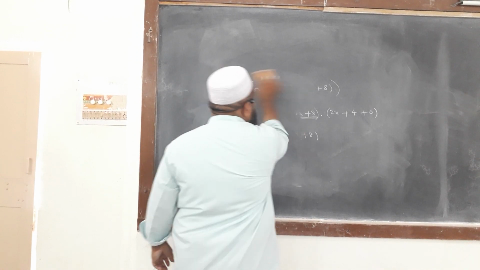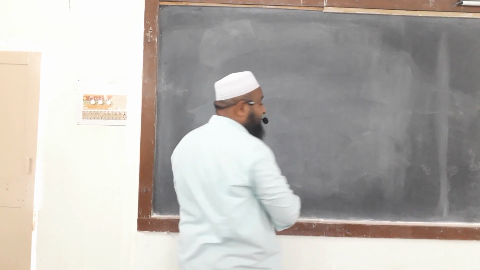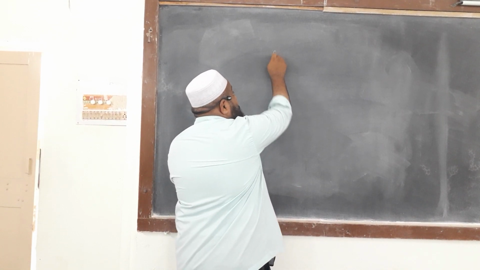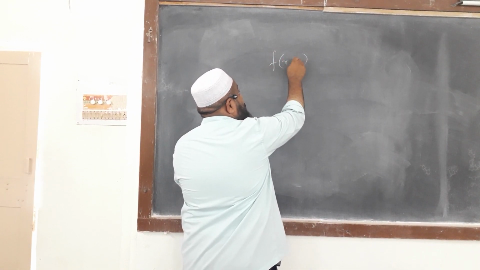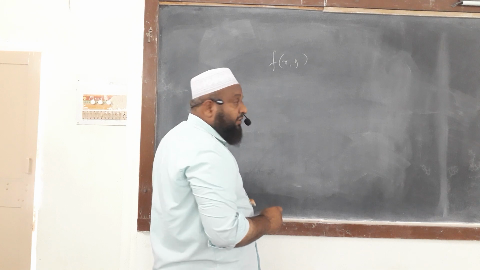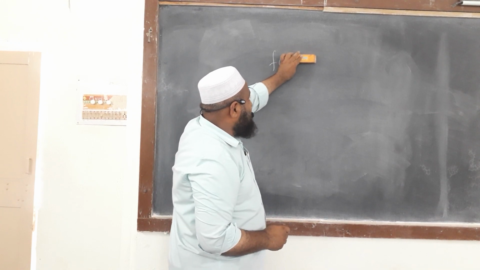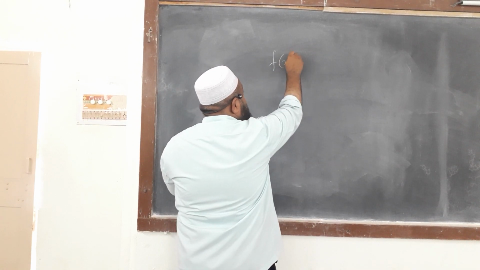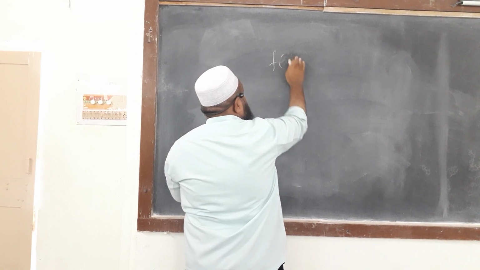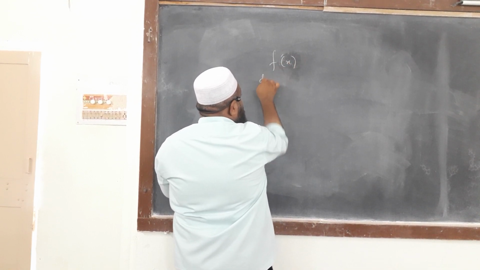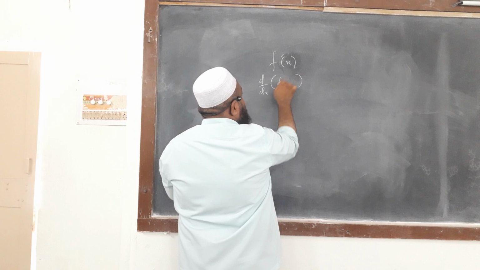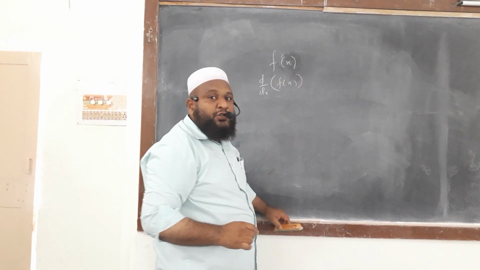Now let us talk about partial differentiation. For example, f is a function depending on two variables. First let me just have a touch of single variable. What is the meaning of the derivative of f with respect to x? What do you mean to say here?